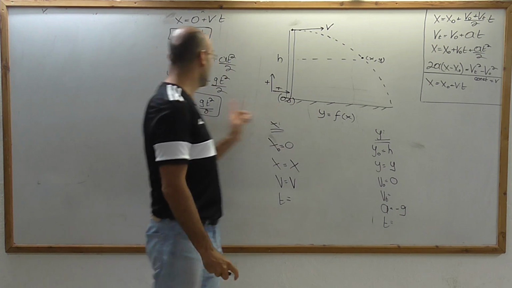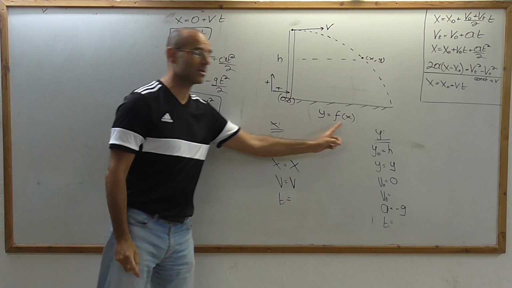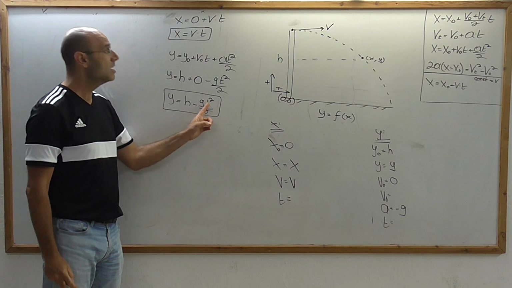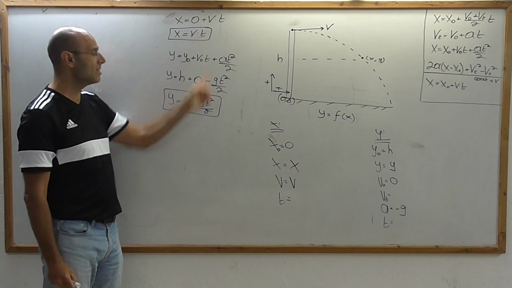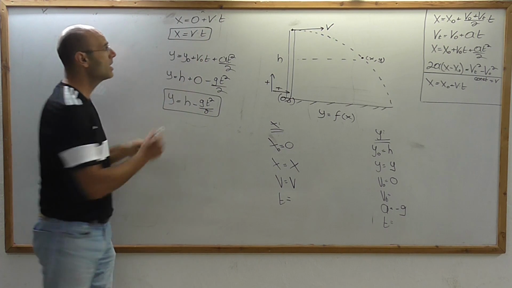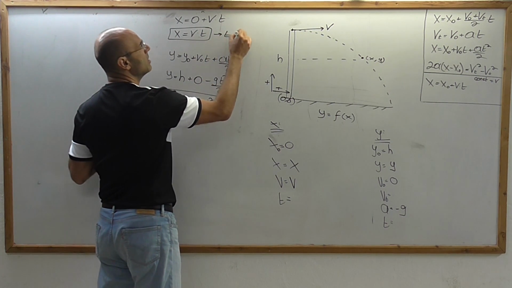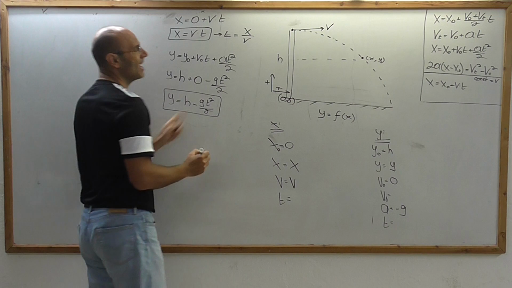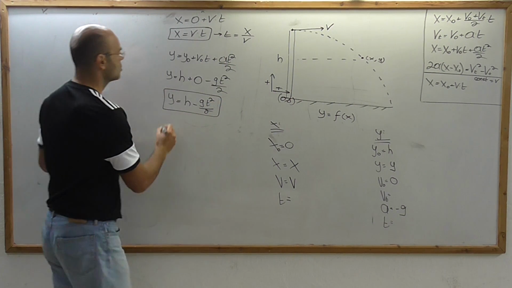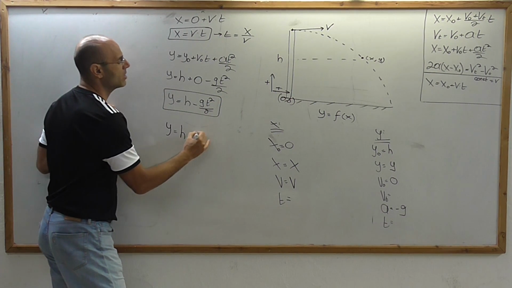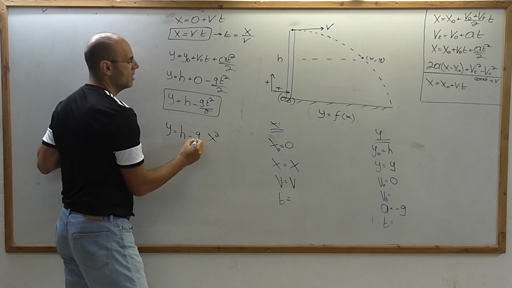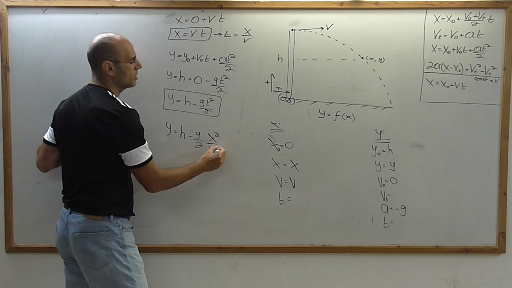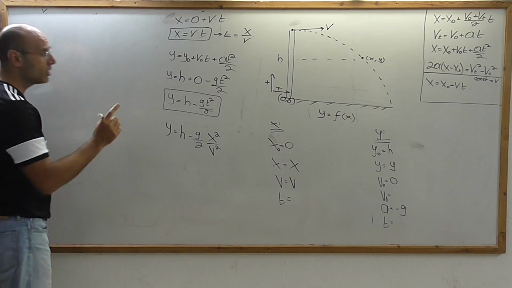We want to find the y as a function of x, not a function of t. So we combine this equation with the t. I isolate t from here, which will be x over v, and put it here. So I'll get y equals h minus g over 2 multiplied by t squared, which is x squared over v squared.